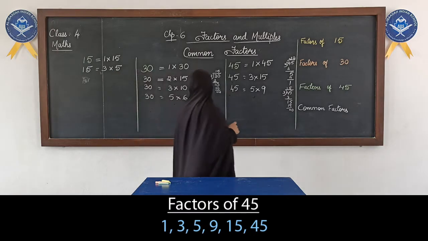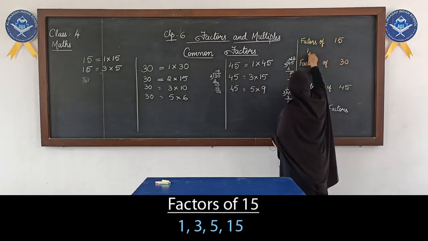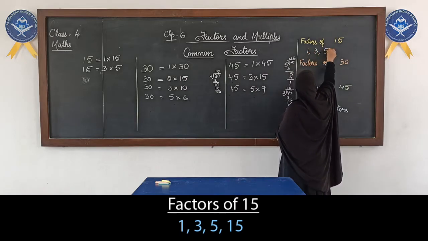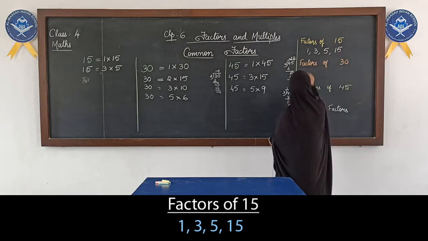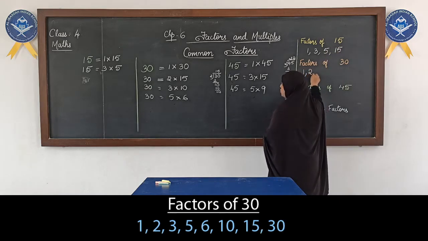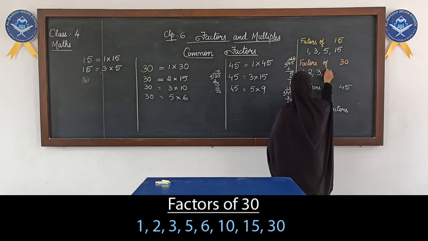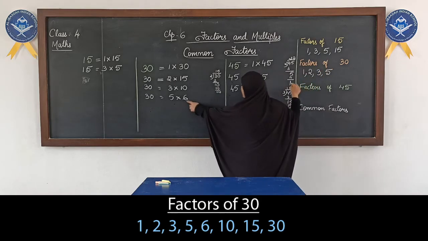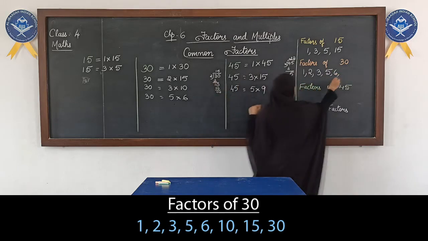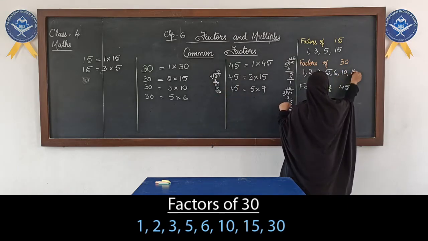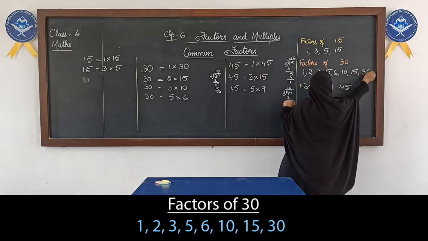Factors of 15: 1, 3, 5 and 15. Then factors of 30 are 1, 2, 3, 5, then we go on over here 6, 10, 15 and 30.